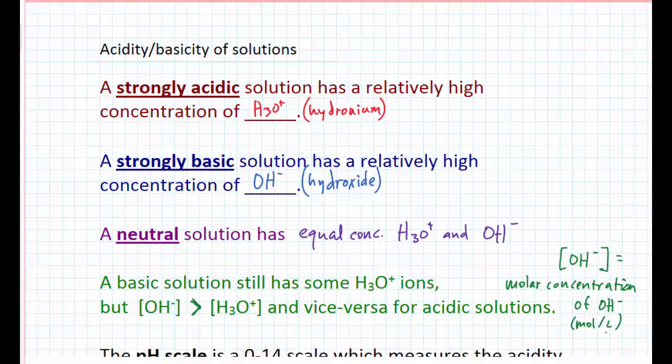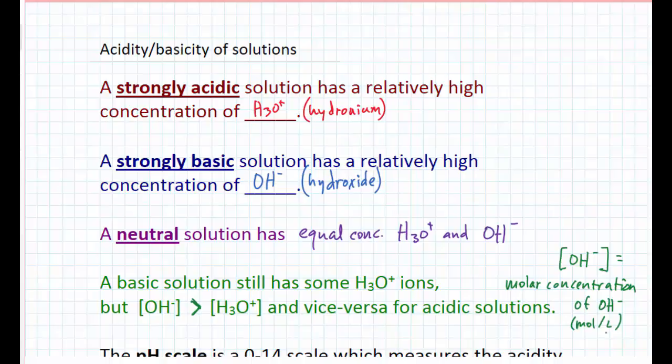If we were comparing the caffeine concentration in various drinks, we could say caffeine in square brackets equals so many molar. Okay? So when we're talking about how concentrated a certain substance is, we put its formula in square brackets like that. So OH minus in square brackets means it has a higher concentration than hydronium ions.